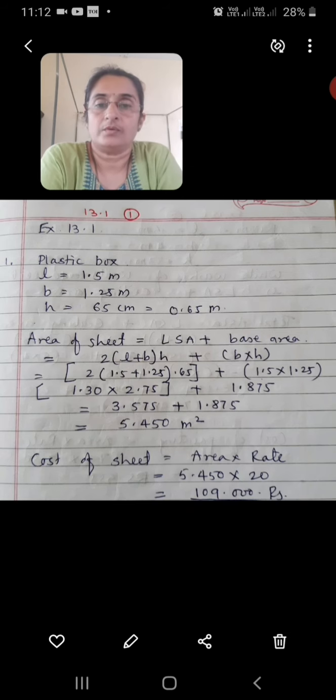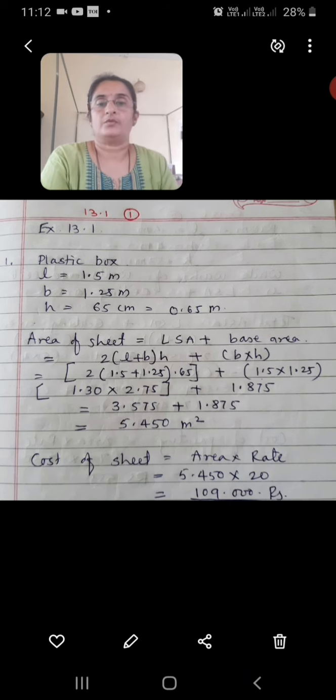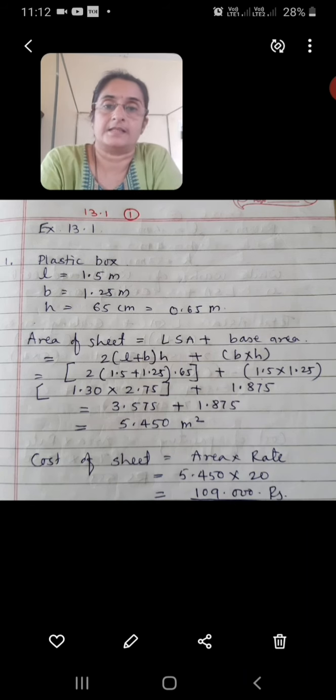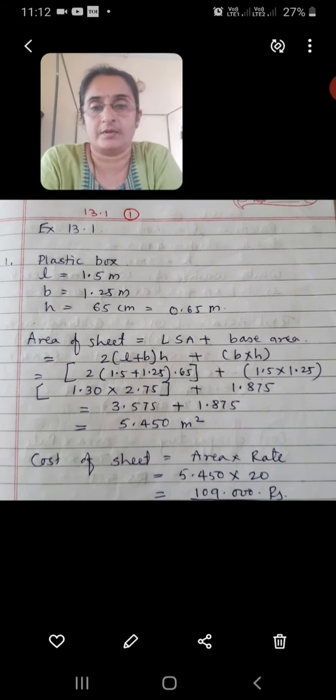The formula for a cube's surface area is 6a square. a square is the area of one side, multiplied by 6, that is 6 areas together, the surface area of a cube. For a cuboid, the formula is 2(LB + BH + HL), that will be the surface area of a cuboid.